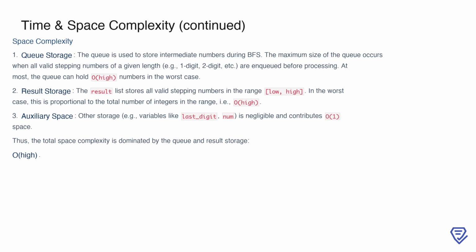The size of this list is proportional to the total number of integers in the range, which means it also requires O(high) space. Lastly, the auxiliary space used for variables like last_digit and number is negligible, contributing only O(1) space. Therefore, the total space complexity is dominated by the queue and result storage, leading to an overall complexity of O(high).